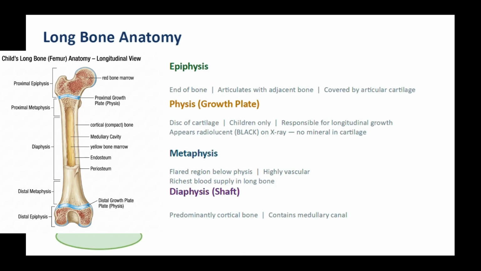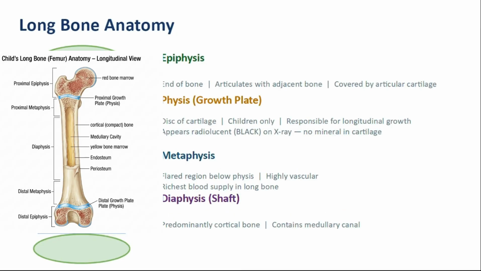When we look at the normal anatomy of the bone, there will be epiphysis, metaphysis, diaphysis, and then again metaphysis and epiphysis. There will be the growth plate between the epiphysis and metaphysis, which we call the physis, which is only seen in children because after maturity this epiphyseal plate closes.